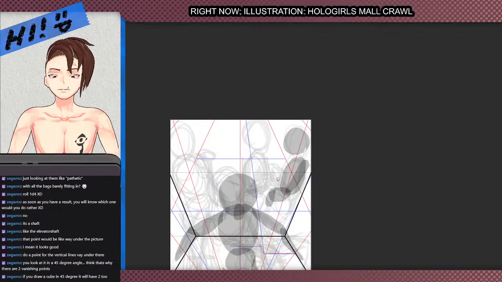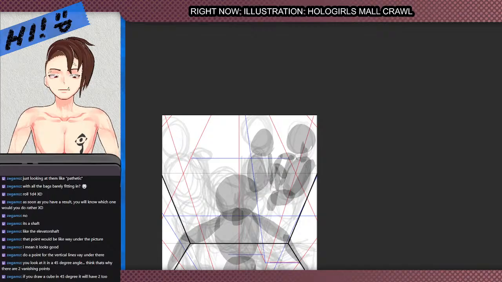Okay, so she would stand here. Shiori is going to hold her arm like this.